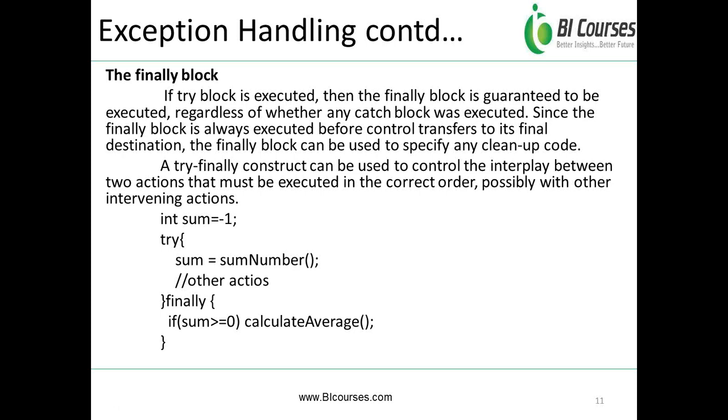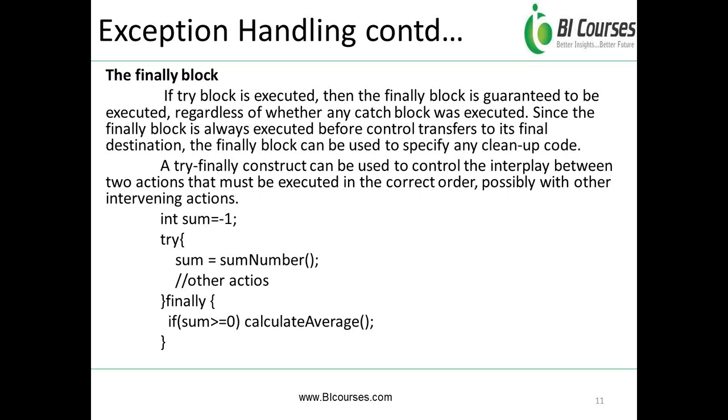Since the finally block is always executed before control transfers to its final destination, the finally block can be used to specify any cleanup code. Like if you create any objects, or open any connections, and you want to close those connections, those statements can be put in the finally block.